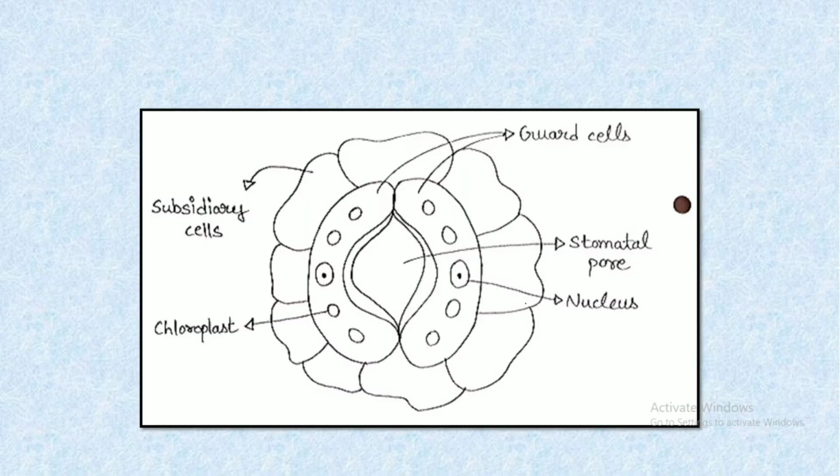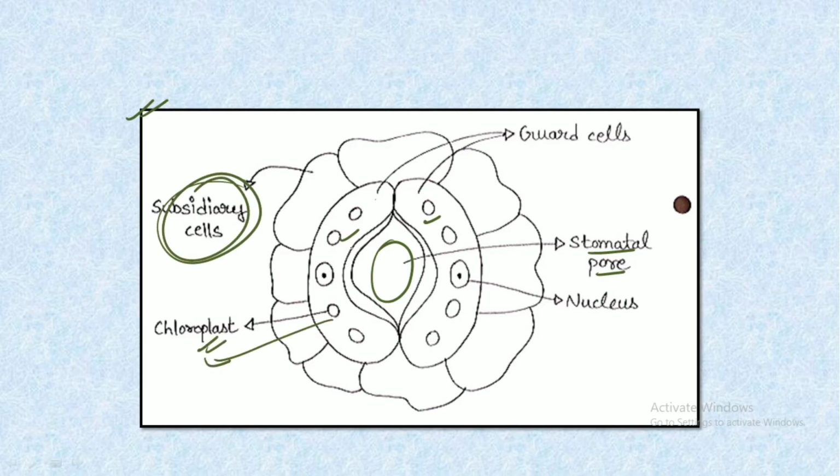So this is how a typical stomata looks like. We have the stomatal pore in the center, then we have the guard cells protecting the stomatal pore from both sides, and beyond the guard cells we have the subsidiary cells. And these guard cells have the nucleus as a typical component of the cell that we study, and also the guard cells have some chloroplasts present in their cytoplasm.